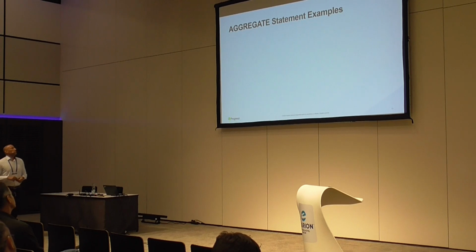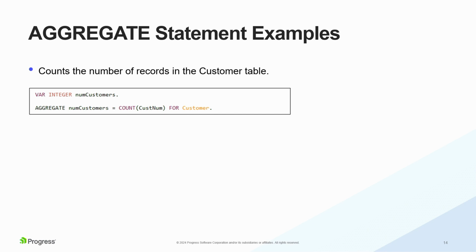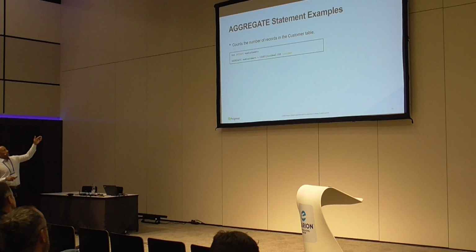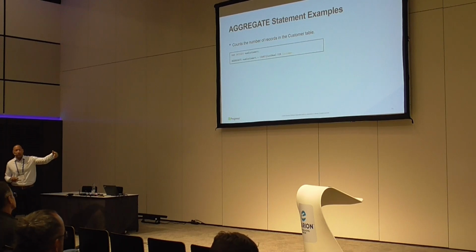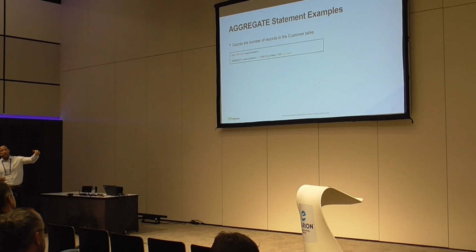And so let's see some quick examples using the aggregate statement. So a really basic example, counting the number of records in the customer table. So again, just assigning it to a number of customers, a count aggregate operation on the customer number field, and on the customer table itself.